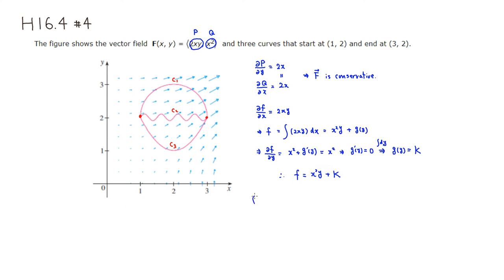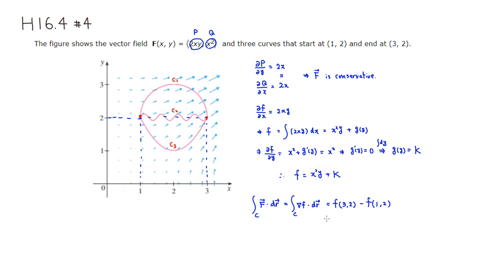We have an integral over any curve C of F dot dr. Since this is conservative, we can rewrite it as the gradient of its potential function dot dr, which equals f at the ending point (3, 2) minus f at the initial point (1, 2).